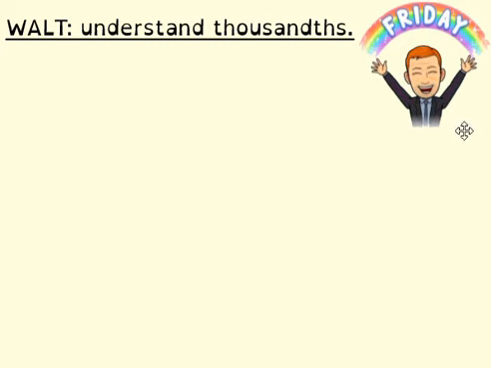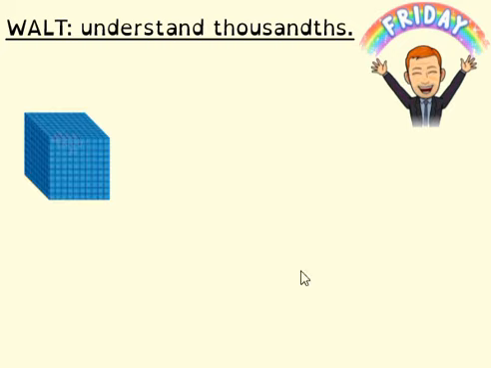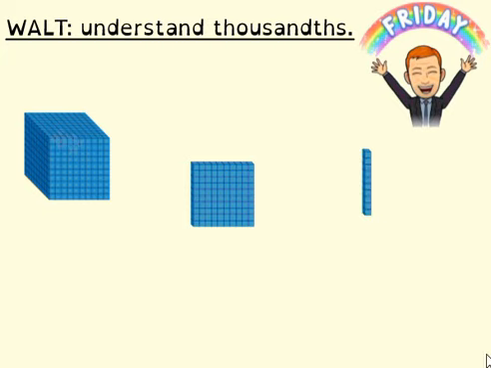Today I'm going to use these pictures quite a lot. So we just need to make sure we know what each one is representing, so when you do see it on the screen, you're understanding what I'm talking about. If I am using the cube here, the cube is representing how many wholes I'm looking at. So whenever you see a cube, you're thinking of wholes.